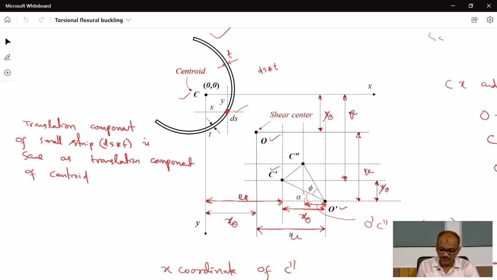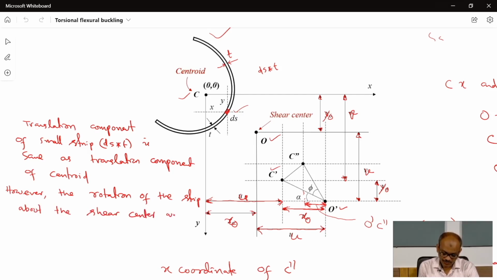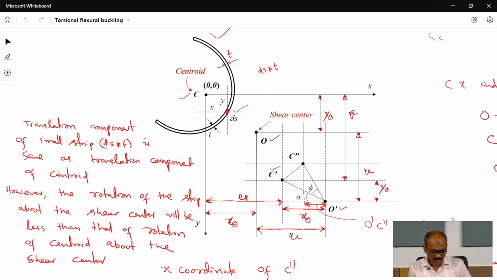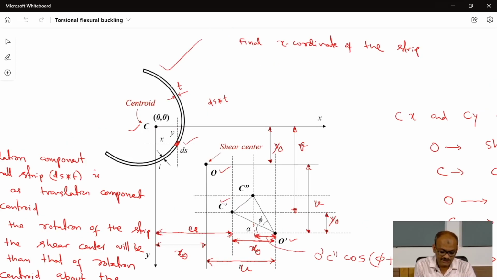However, the rotation of the considered strip about the shear center will be less than that of the rotation of the centroid about the shear center. Hence, the final x coordinate of the strip will be u plus y naught minus y phi, and v minus x naught minus x phi.